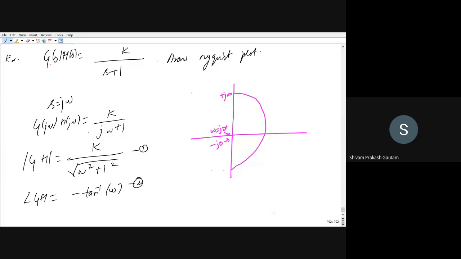This is minus j infinity. And this radius is R e to the power j theta. This is suppose plus 90, this is minus 90, and R is tending to infinity, and theta, the orientation, is from plus pi by 2 to minus pi by 2, or plus 90 to minus 90.